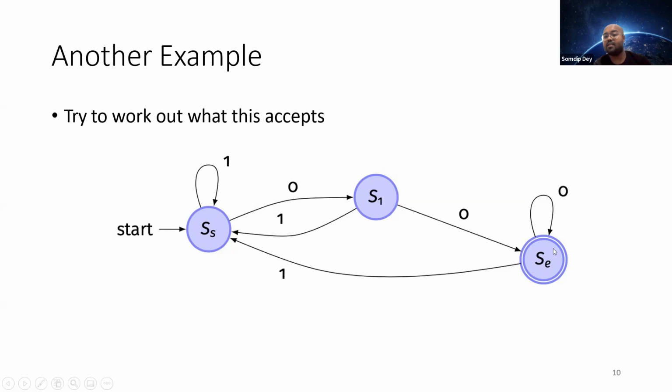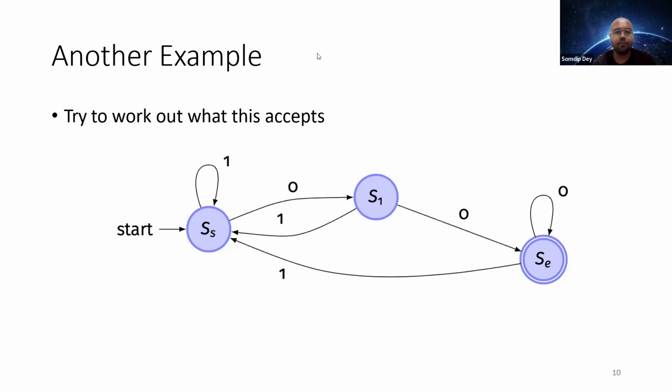It goes to the accept state SE if the input is 0, and it changes from S1 back to SS only if the input is 1. One thing you can see from here is that a valid string accepted by this machine must contain the substring 0, 0, consecutive zeros. So this machine accepts strings for which the substring has to be 0, 0.